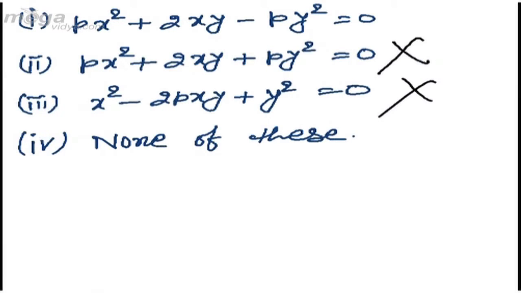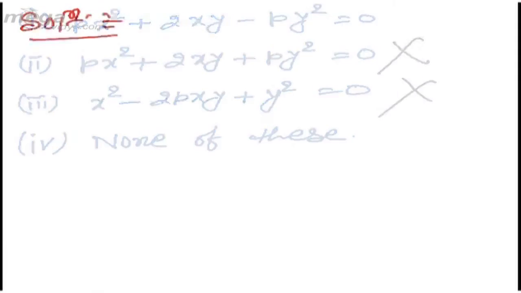In place of 2, it may be 3, it may be 1, it may be anything. So here also you have to check, you have to solve the question. But still, if we guess, then we have a 50-50 chance, either first or fourth, because the second and third cannot be possible.